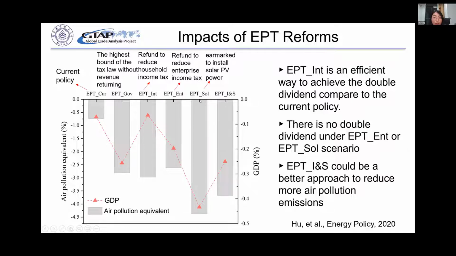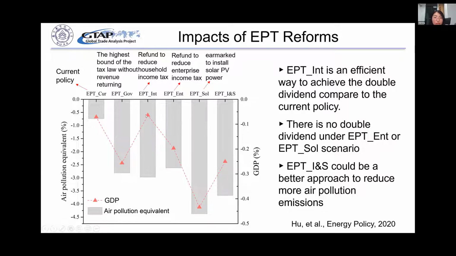The fifth scenario is that all the revenues are earmarked to install solar PV power. And at last, we use half of the revenues to reduce household income tax and invest half in solar PV.